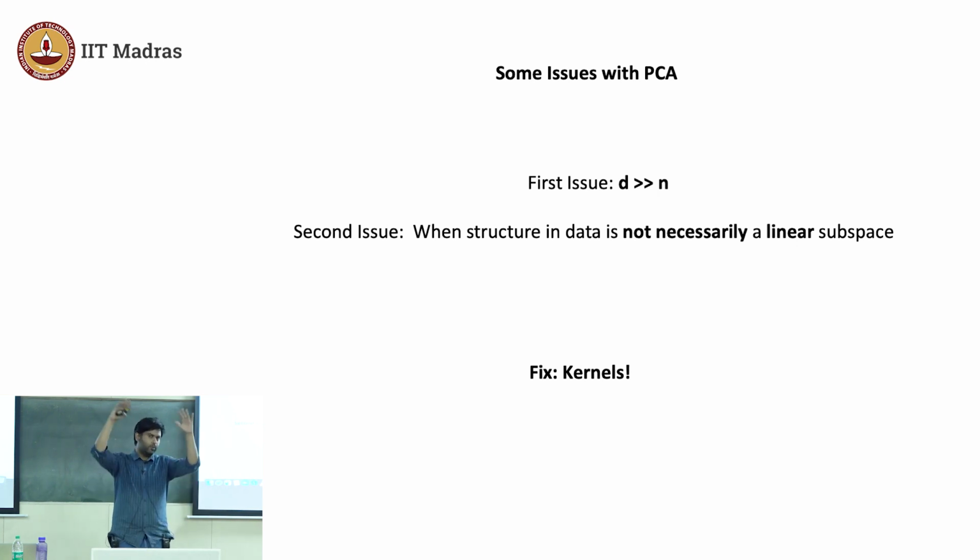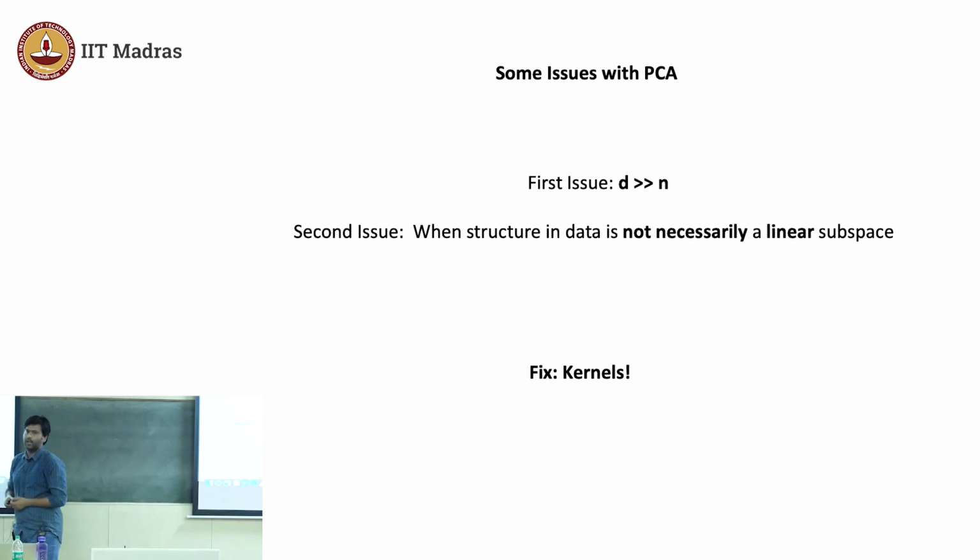So you artificially project your data points to a high dimension and then do a standard PCA there, which means that because we are going to a high dimension, you need to solve the first issue. If you solve the first issue, the solution to the second issue comes for free. And the trick that does this is what are called kernels, but I'll let you go and explore what kernels are when you have some time.